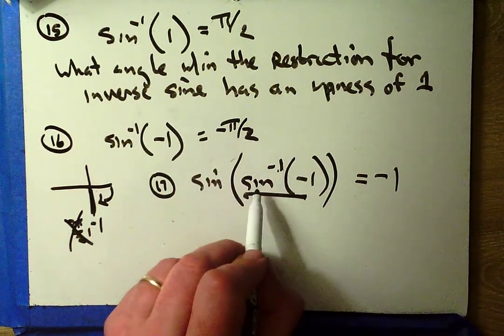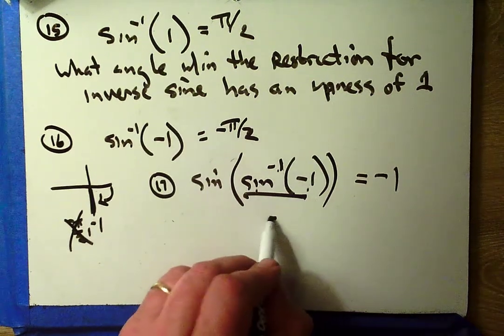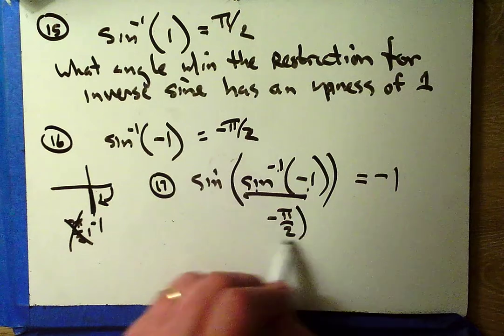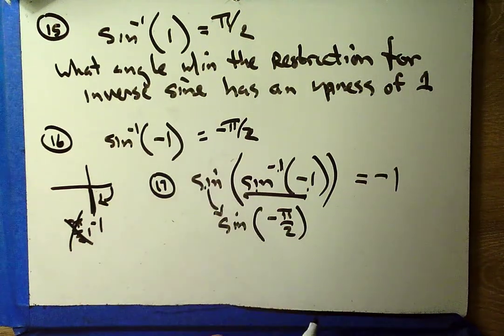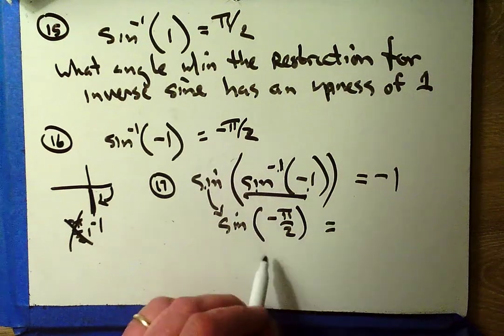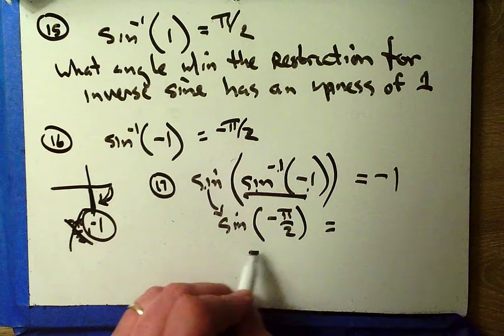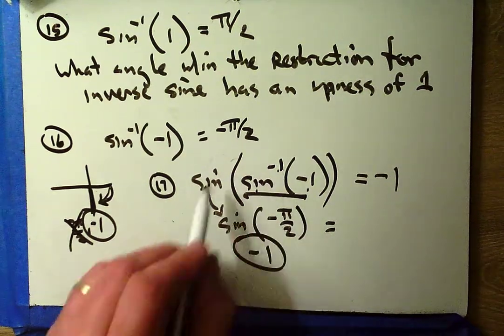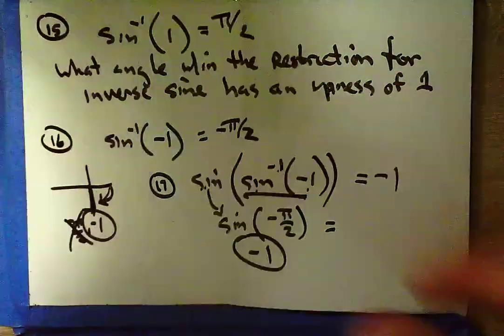What angle within the restriction of inverse sine has an upness of negative 1? That would be negative pi over 2. What's the sine of that angle? Well, the sine of negative pi over 2, the upness there is negative 1. So in this case, I could have just canceled out the trig function and its inverse.